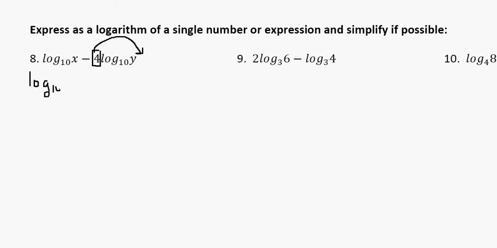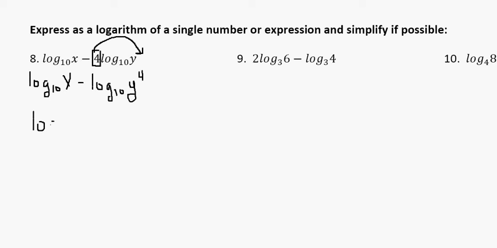So I have log base 10 of x minus log base 10 of y to the fourth. Okay, now remember, as long as your bases are the same and you have two logarithms that are subtracted, you can condense them under one logarithm where you divide the arguments.